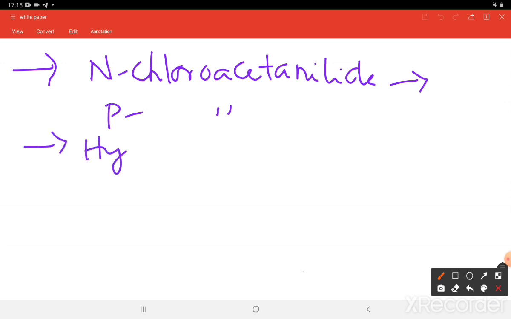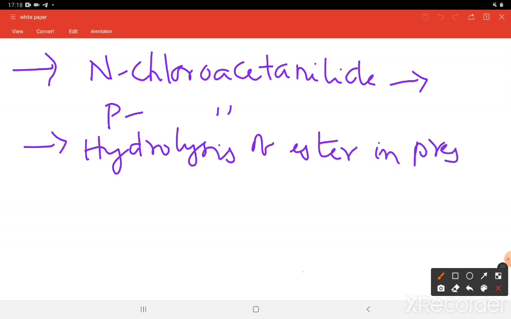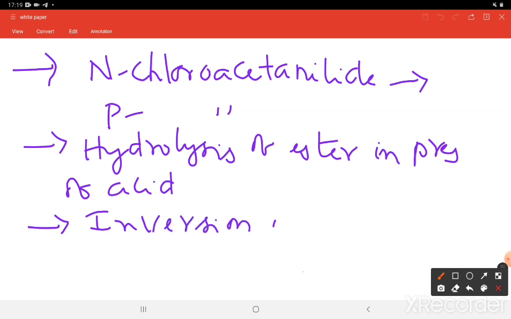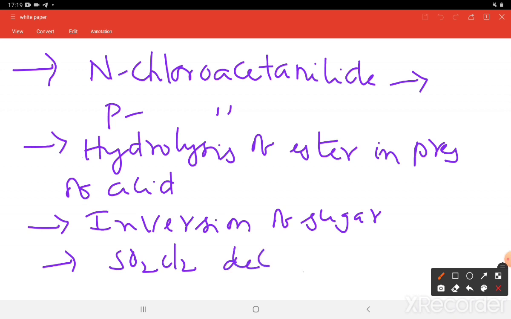And hydrolysis of ester in the presence of acid is a first order reaction. Inversion of sugar is a first order reaction. And SO2Cl2 decomposition is also a first order reaction.